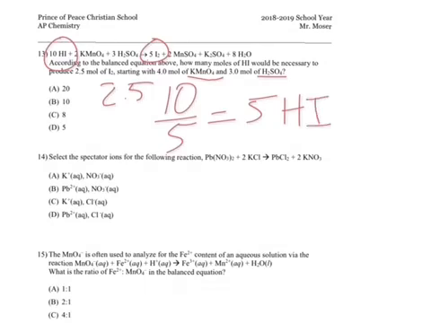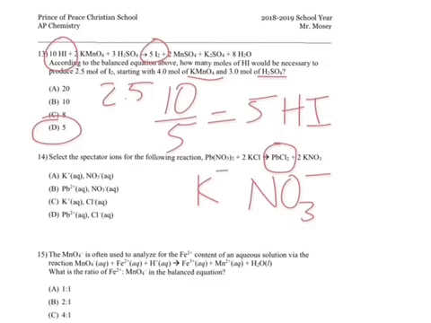So that gives us choice D. Number 14, we select the spectator ions from this reaction. We know that this is going to be a solid, so any Pb or Cl2 cannot be the spectator ions. That only leaves us potassium ions and nitrate ions. So that means that our answer is choice A.